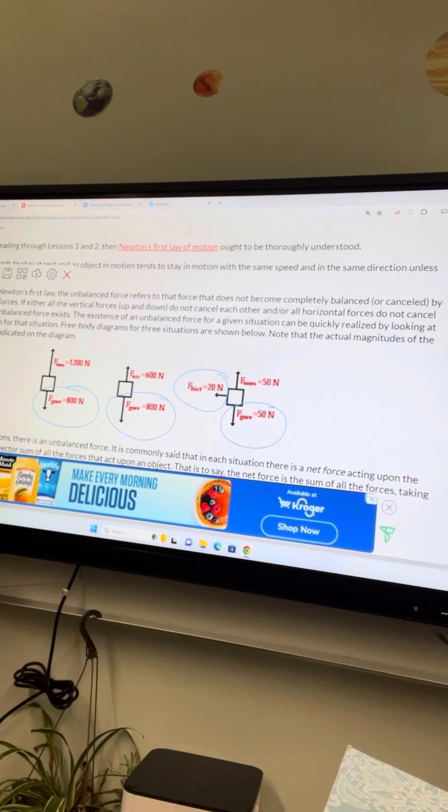So for example, when we're talking about F net of this first situation, we would have 1200 plus negative 800. So what would that be? 1200 minus 800. 400, right? So we'd have 400 newtons. In which direction would the object be moving?